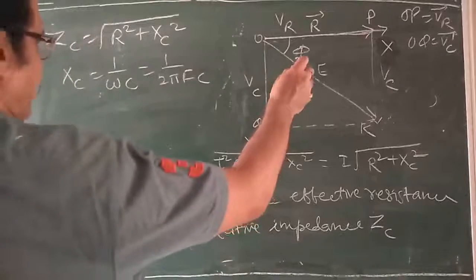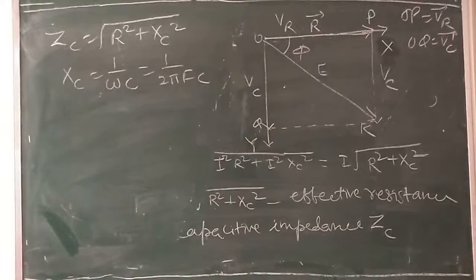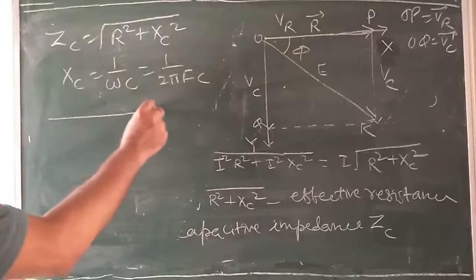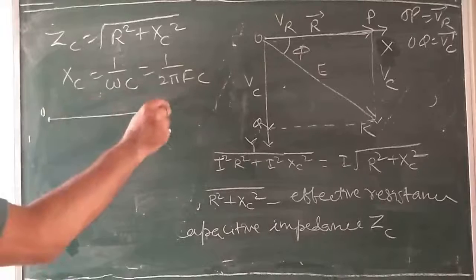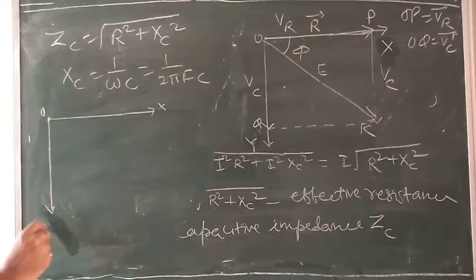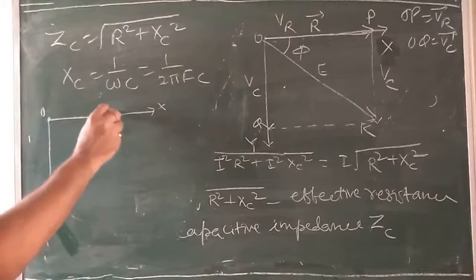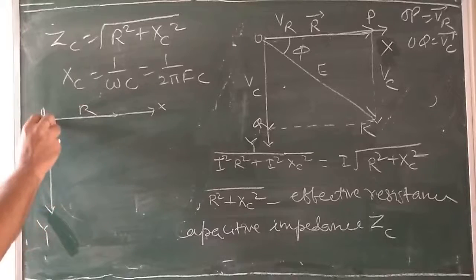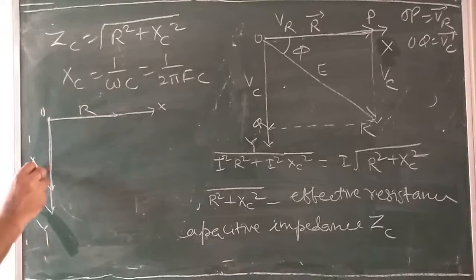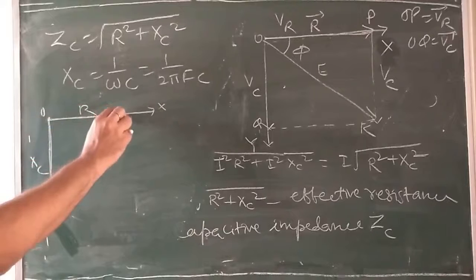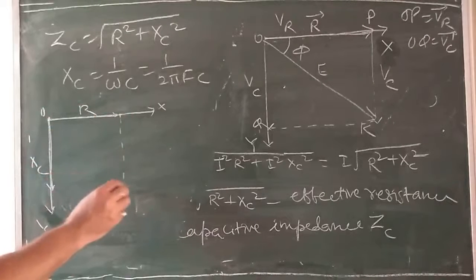And with the help of this diagram, if I want to find out tangent of phi, again you draw here, say this is OX, here is OY, this represents R, this represents XC. So we can say the resultant of this parallel vector, draw it.